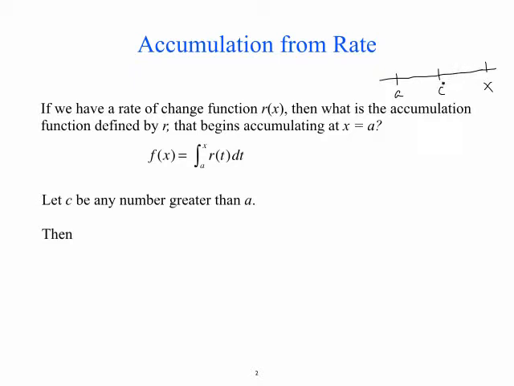Well, okay. Subtract what? Okay, so if I have accumulation from A to X, and I subtract accumulation from A to C, that'll give me the accumulation from C to X, right?